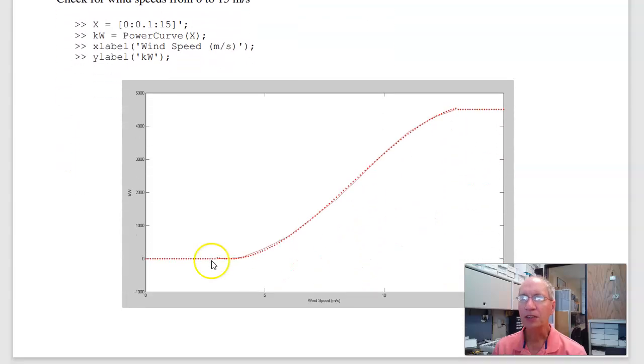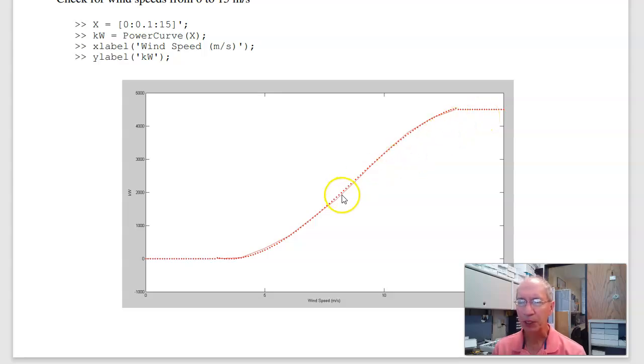To check, I can say let's have the wind speed go between 0 and 15 meters per second, calculate the kilowatts based upon the power curve, and see what it looks like. So the blue line, or the solid line, is the power curve. The dotted line is my curve fit.